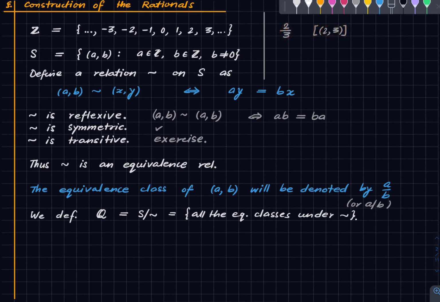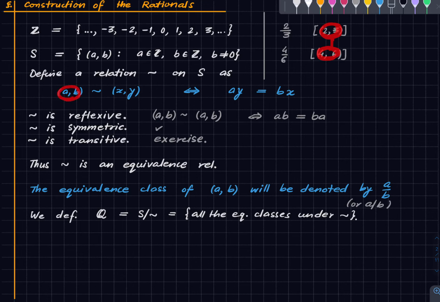But in high school, we know that 2 by 3 is the same as 4 by 6. But it is indeed true that the equivalence class of (4, 6) is the same as the equivalence class of (2, 3), because (2, 3) is related to (4, 6) under tilde, right?